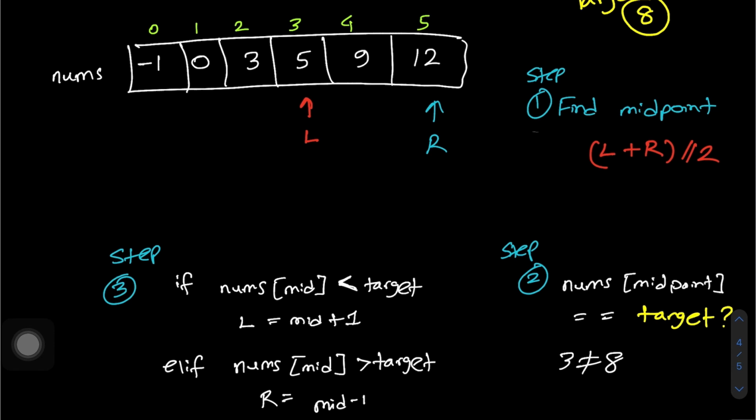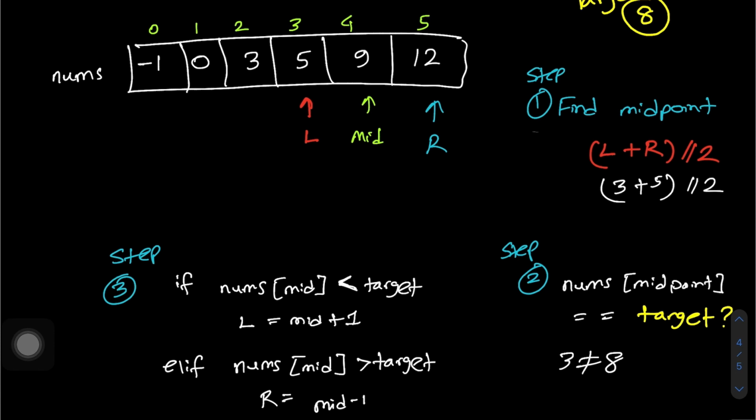It would be 3, the index that the left pointer is pointing to, plus 5, where the right pointer is pointing to, take the integer division by 2, and this brings us to a mid that lies here.